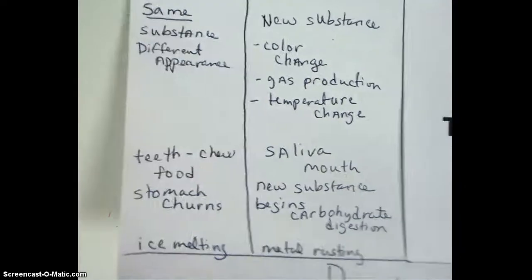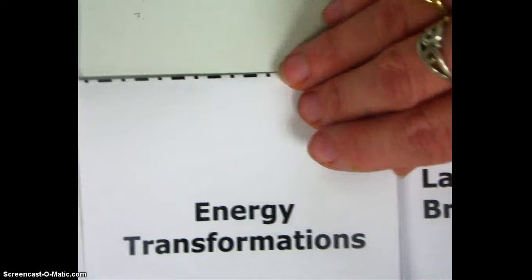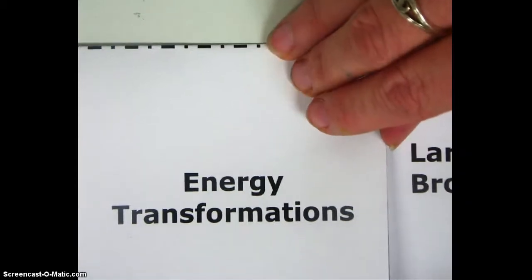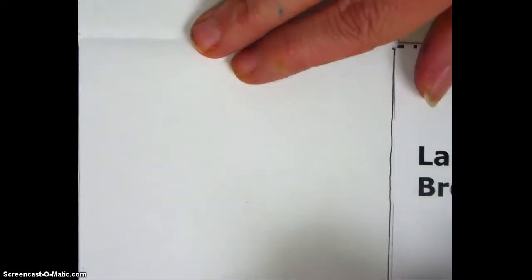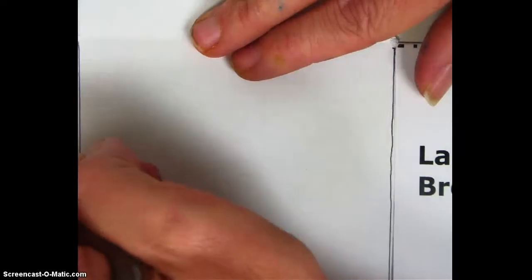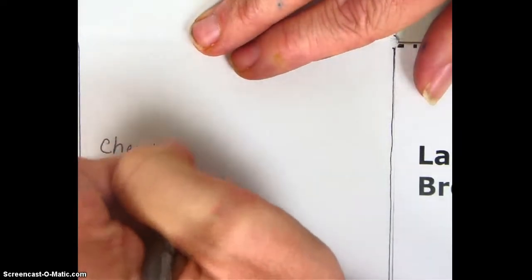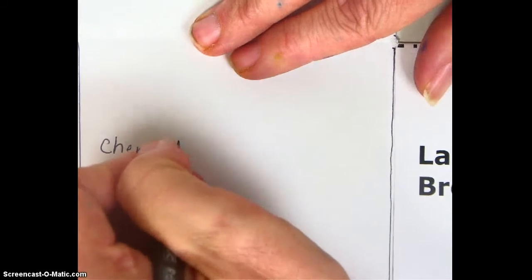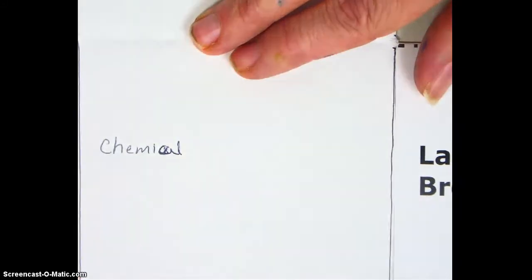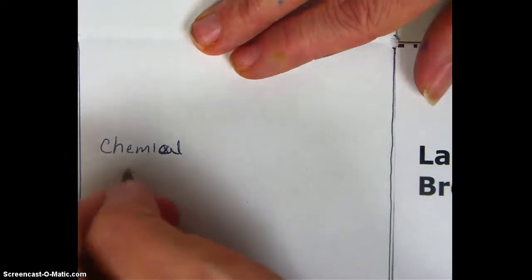Okay? Let's move into energy transformations. It's the second part of your foldable: your energy transformations in digestion. You have chemical energy, my handwriting wasn't very nice, is your food.